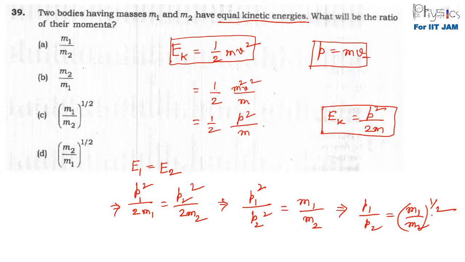So the ratio of their momentum is option C, M1 by M2 to the power half. Yes, Shagoto, you're right. It is option C, M1 by M2 to the power half.